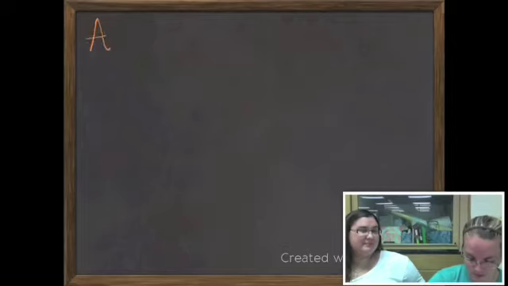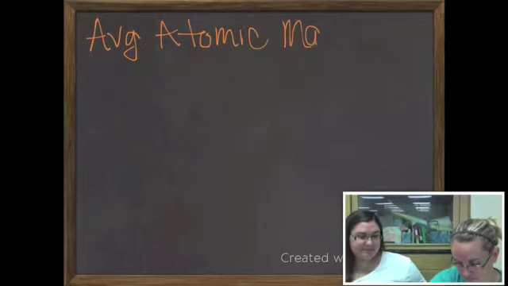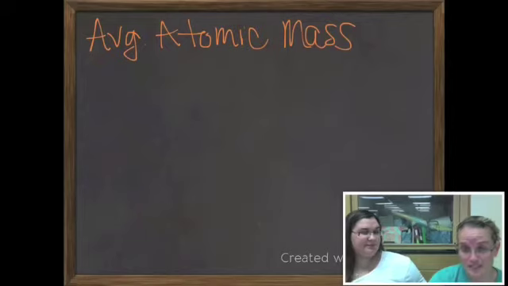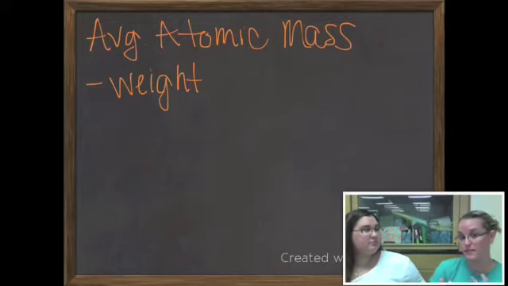So we're going to talk about the average atomic mass. Now, average atomic mass is a special kind of average. We call this a weighted average, meaning that each number that you average holds a little bit different weight. Usually if you have three numbers and take the average, you just divide by 3. Not quite that simple.